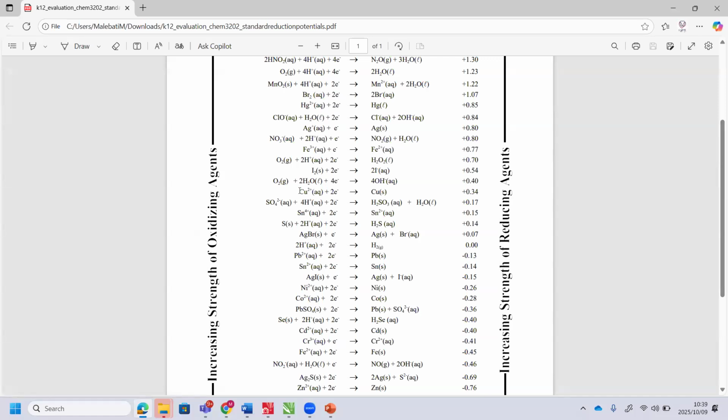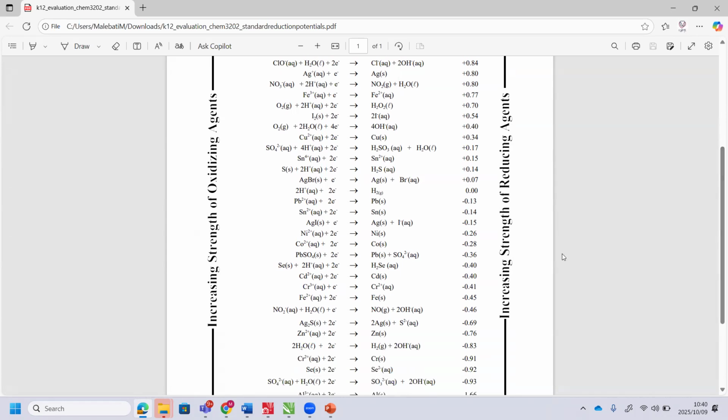This is copper, can you see it? Copper is plus 0.34. And then let's check zinc. Zinc here is minus 0.76.